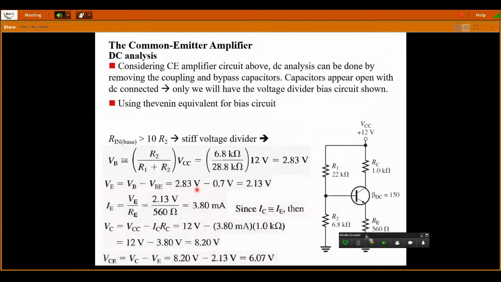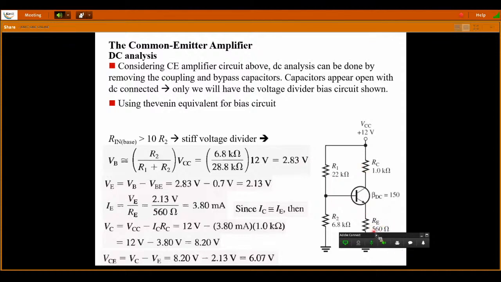So there is no AC signal source, series resistance of the signal source or coupling capacitor. Only the resistors R1, R2, RC, RE are connected.